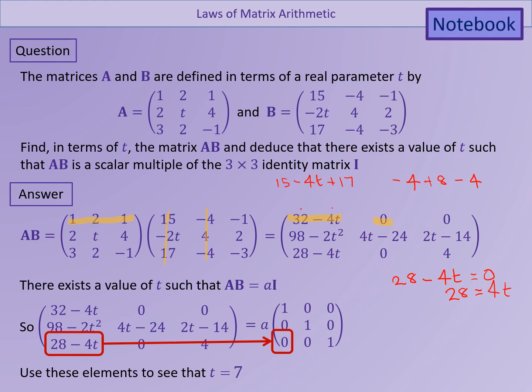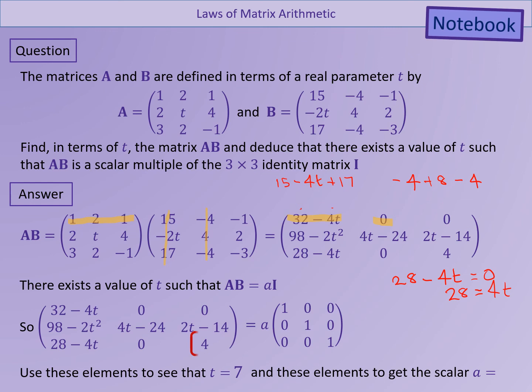And therefore that would give us a value of t being 7. And if we look at that final row there, we have 4. Now we're equating it to the 1, but don't forget that there's the scalar multiple of a just outside of that bracket. So that would give us 4 is equal to a.